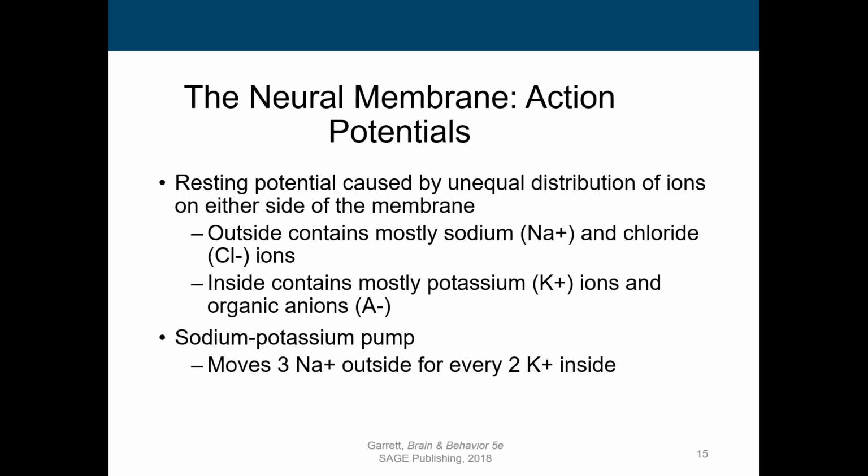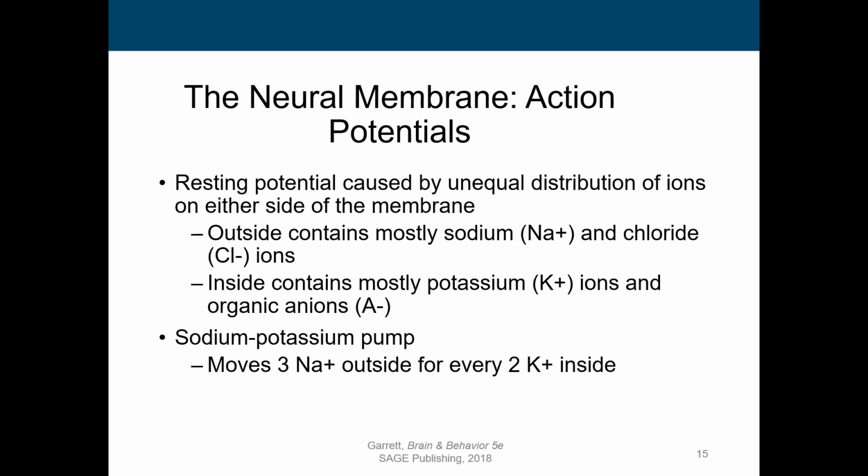The resting potential is actually due to the unequal distribution of electrical charges between the two sides of the membrane. The charges come from ions, and if you remember your chemistry classes, these are atoms that have lost or gained one or more electrons. We have sodium ions and potassium ions, and both of these, by the way, are positively charged.